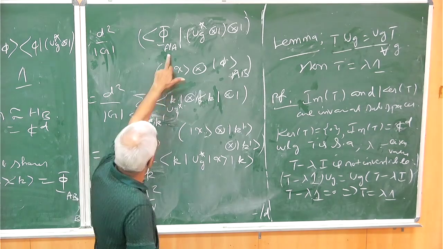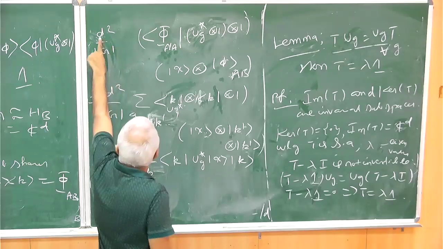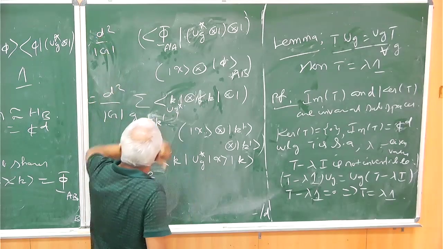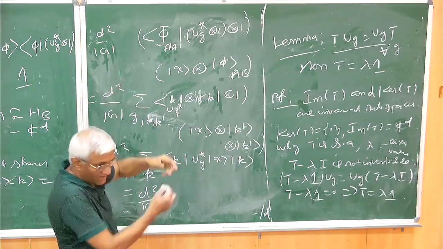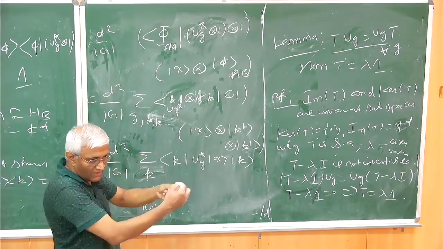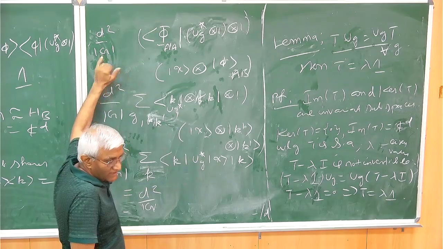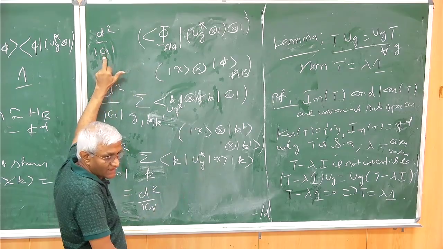You will get a 1 by square root d from this, and a 1 by square root d from here. But I have to get this d square cancelled, because the number of operators in the POVM is mod g. Each one has the same probability, so it will be 1 by mod g is what we are supposed to get.